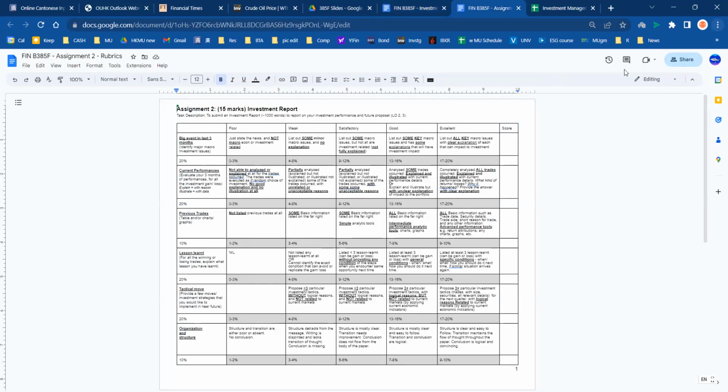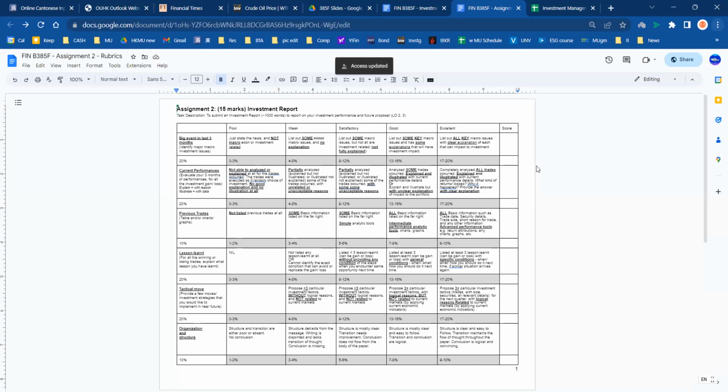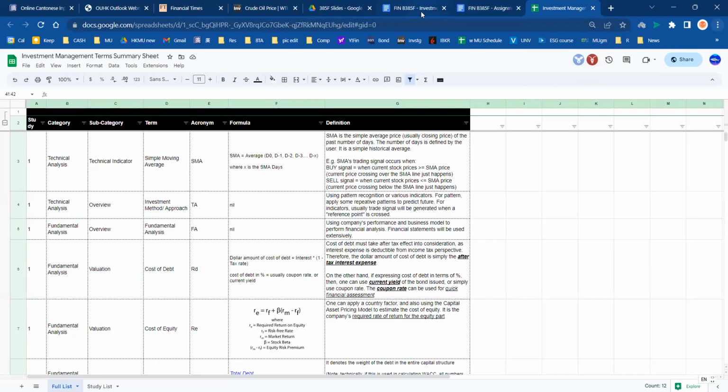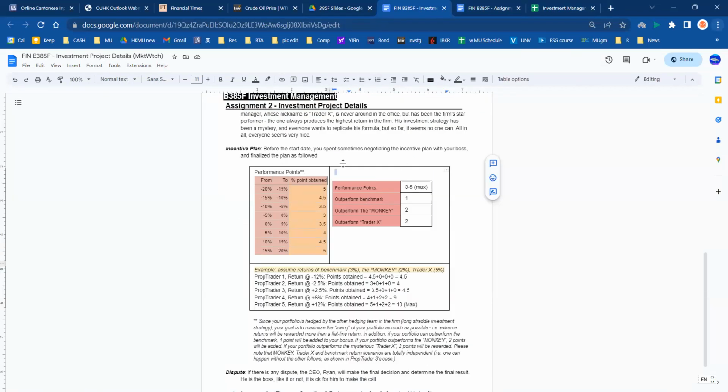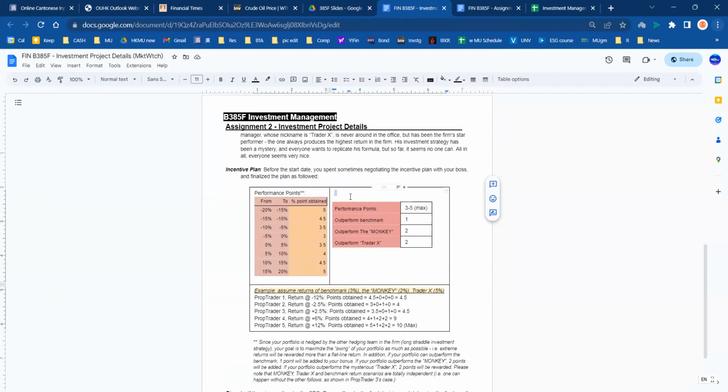The key is this particular part here, the 15 points. Someone asked about this investment project: the total of that is actually 25 points.